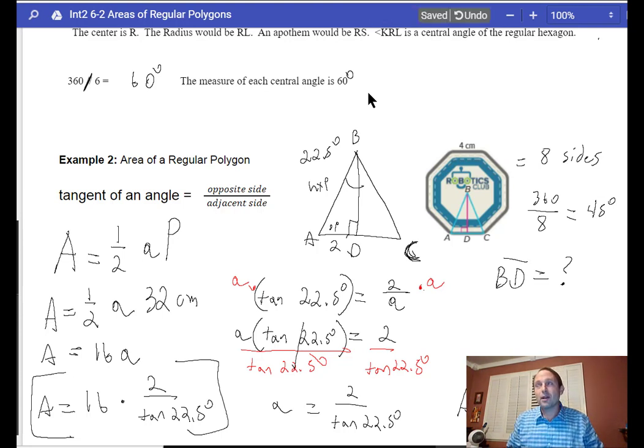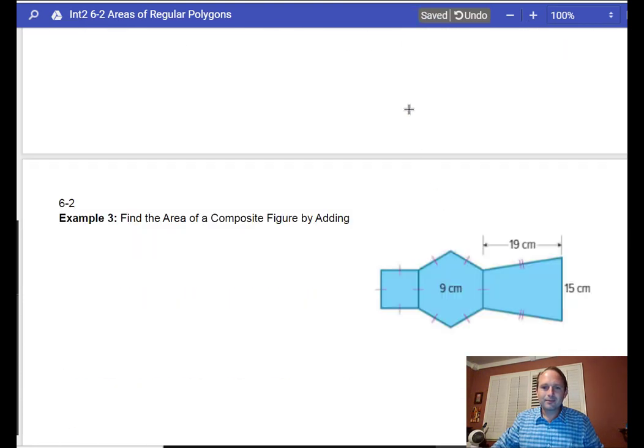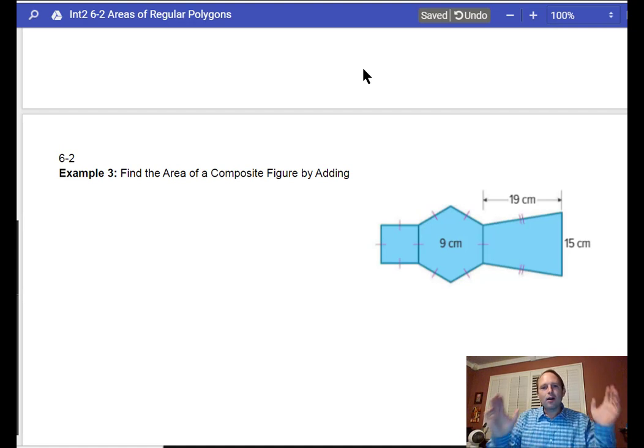Or no, squared, sorry. 77.25 square centimeters. All right, let's go on. We have 2 more examples. Let's see if we can bust these out.